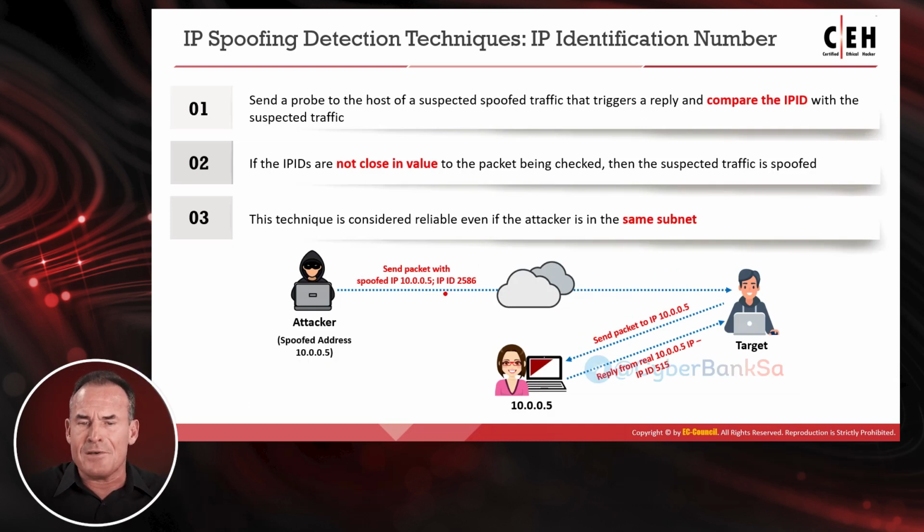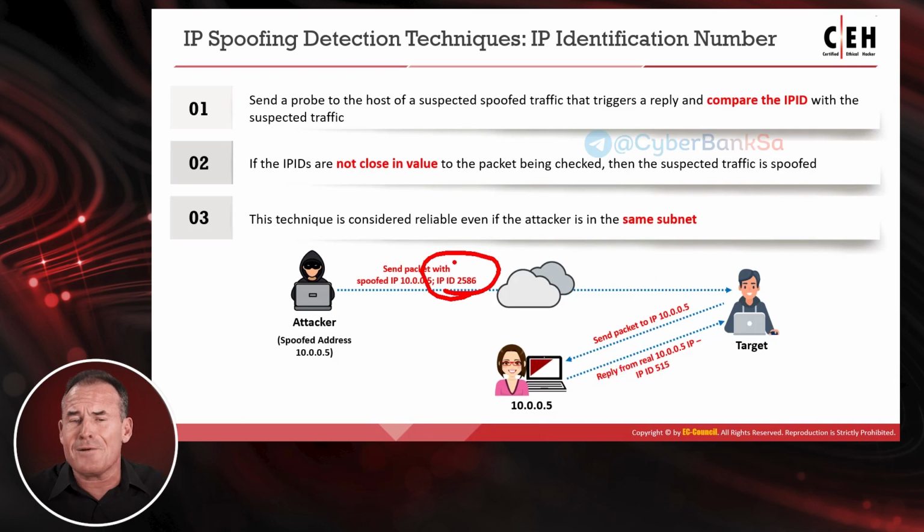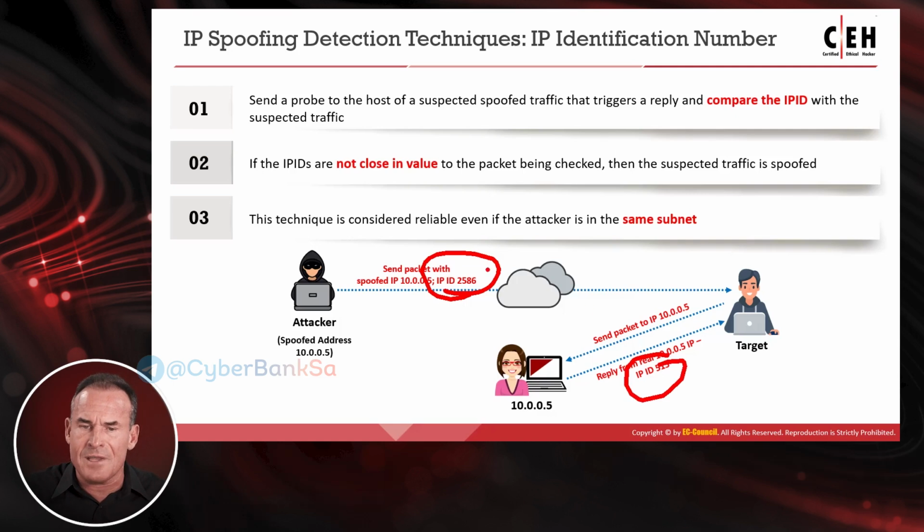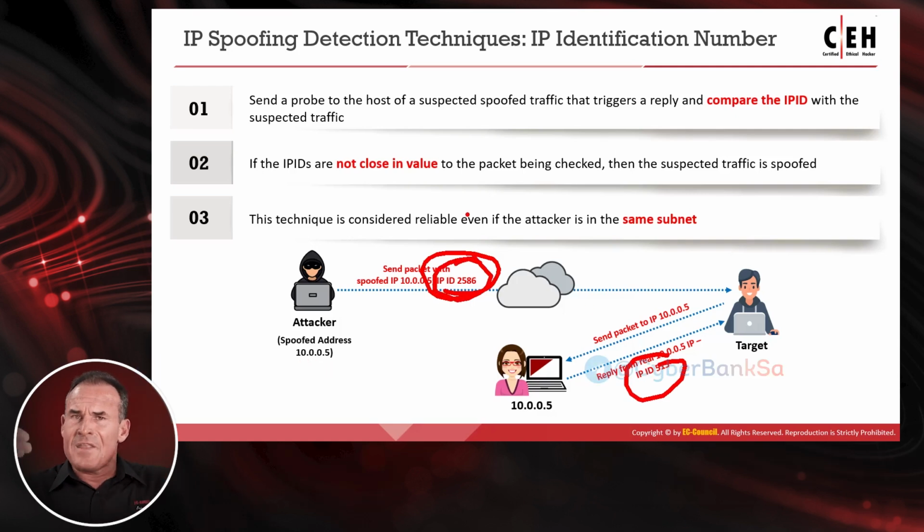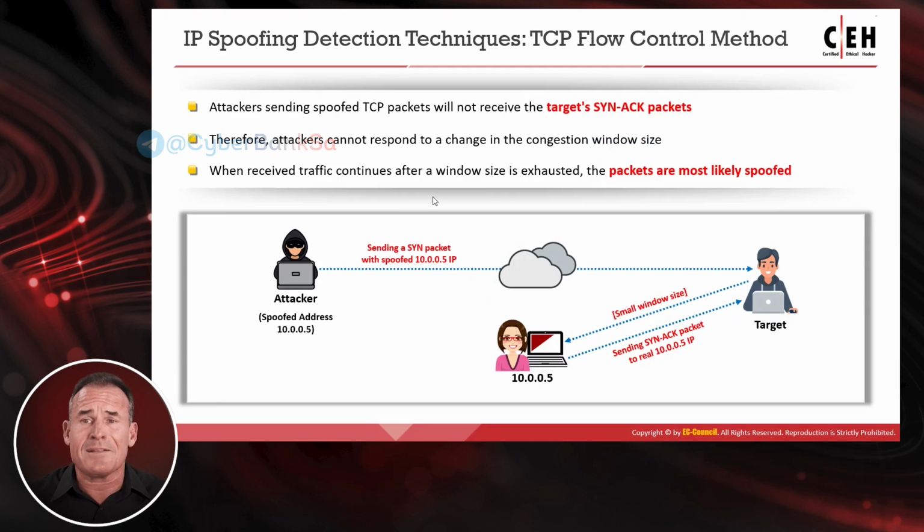So the IPID values, like we talked about in the IPID header scan, when you see a completely different range. Now, these are sequentially incrementing. So they do advance, but when you see a range of 515 versus 2586, that's a huge difference in the ranges. So that would also indicate potentially a spoofed IP address. All right, then you've got the TCP flow control method.